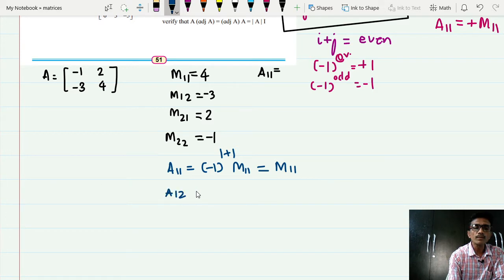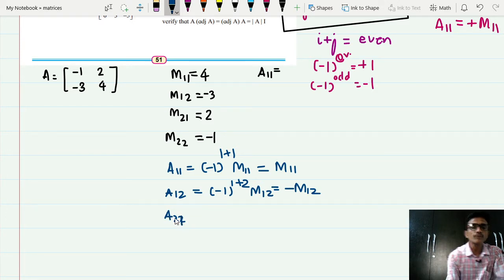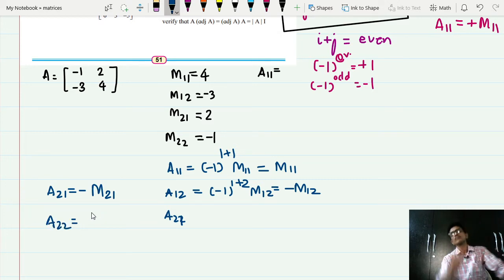A12 is equal to, 1 plus 2 is 3 होगा, minus 1 cubed into M12, and it will be equal to minus M12. Then A21 will be equal to minus 1 raised to power 2 plus 1, that is minus M21, and A22 is equal to minus 1 raised to power 2 plus 2, that is plus 1, so it is plus M22.